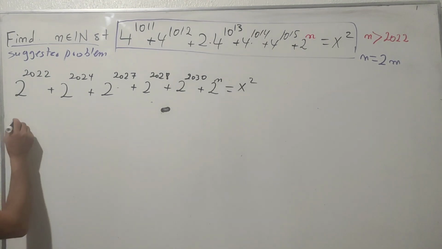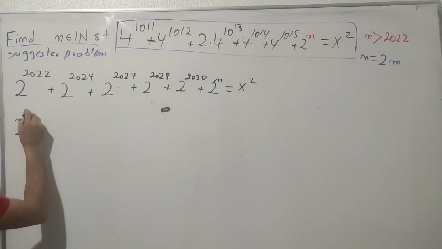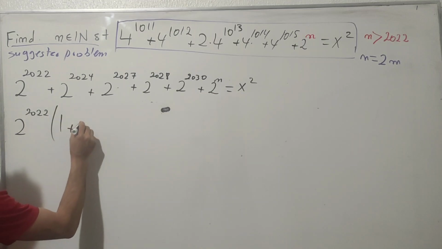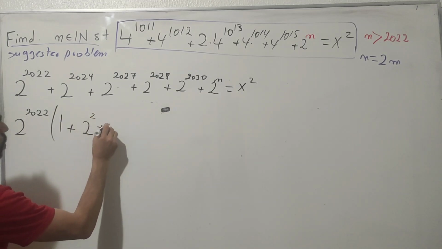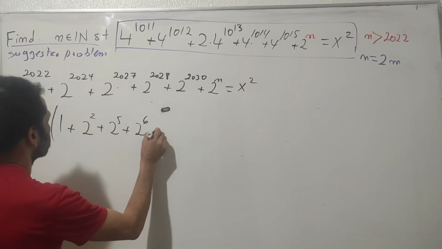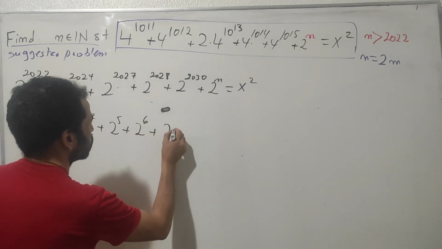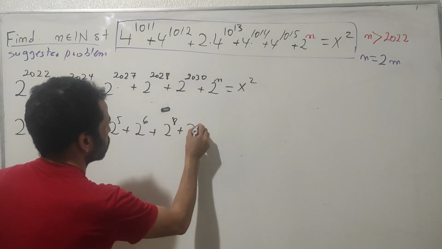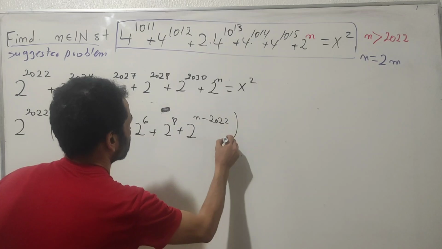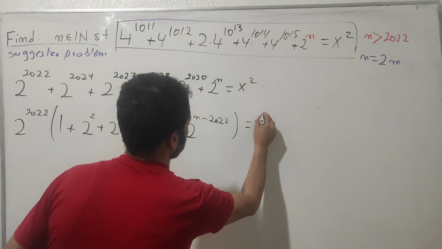So we get the following: 2 to the 2022 factor (1 plus 2 squared plus 2 to the 5th plus 2 to the 6th plus 2 to the 8th plus 2 to the n minus 2022), which equals a perfect square, x squared.